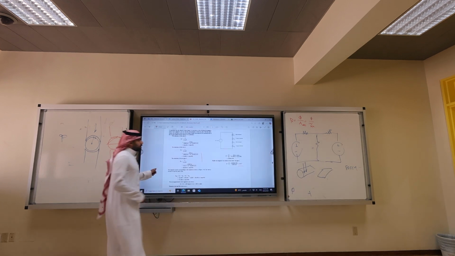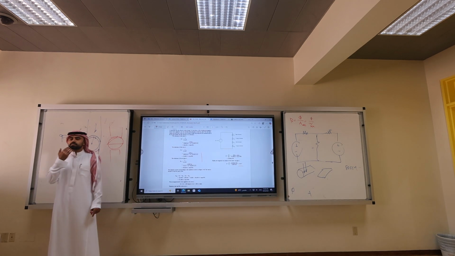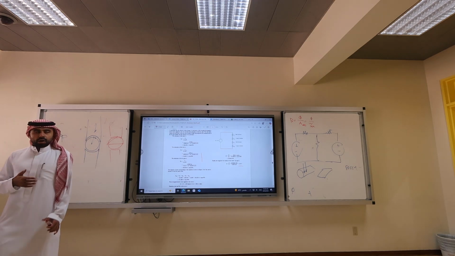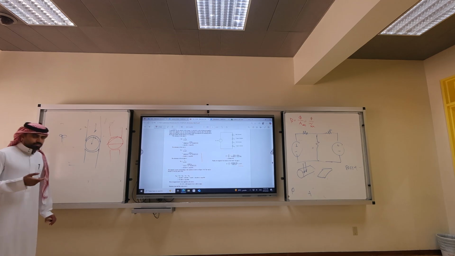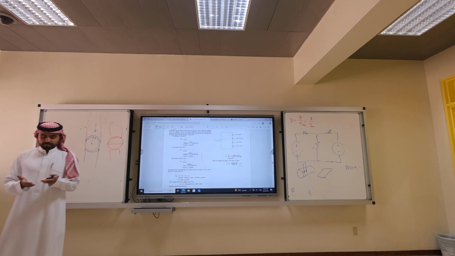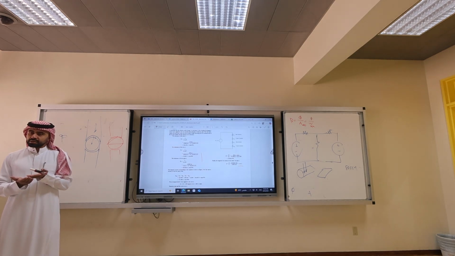So, yes. Doctor, what holds the rotor now? Is it magnetic? In reality, no, the air gap is too small.